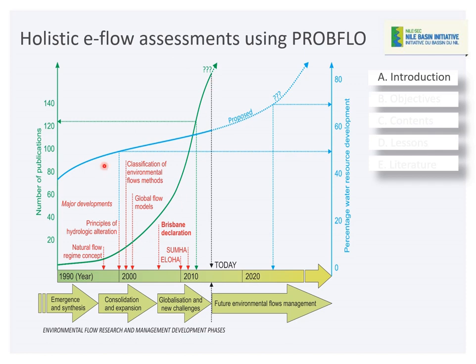And it's important that these two lines track each other, that as we develop our resources, we continue to understand those resources and continue to develop and implement methods that can allow us to maintain the sustainability of those resources, because our very existence depends on the sustainability of the environment.